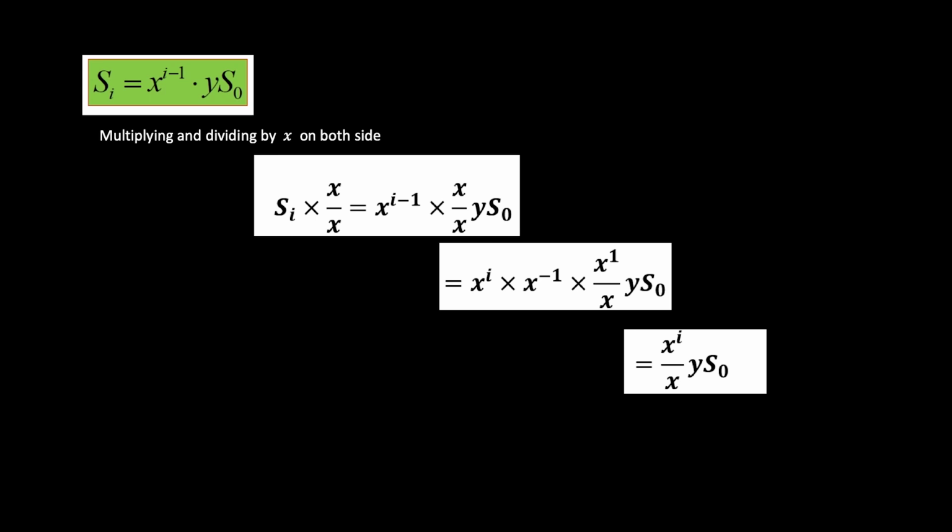Then we get X raised to i YS0 divided by X. Substituting Y by X as C in the above equation, Si becomes equal to X to the power i into C into S0.